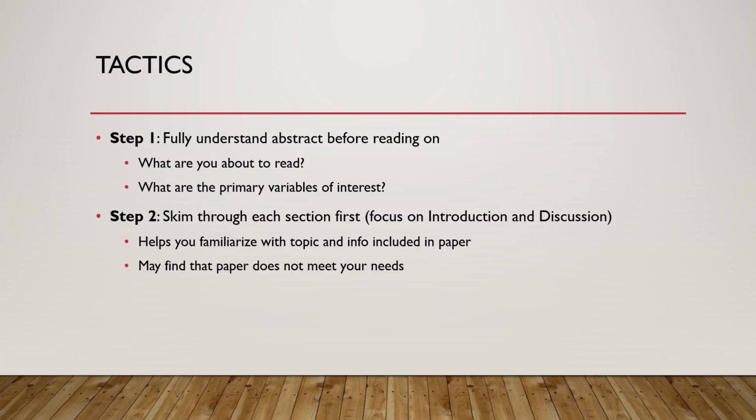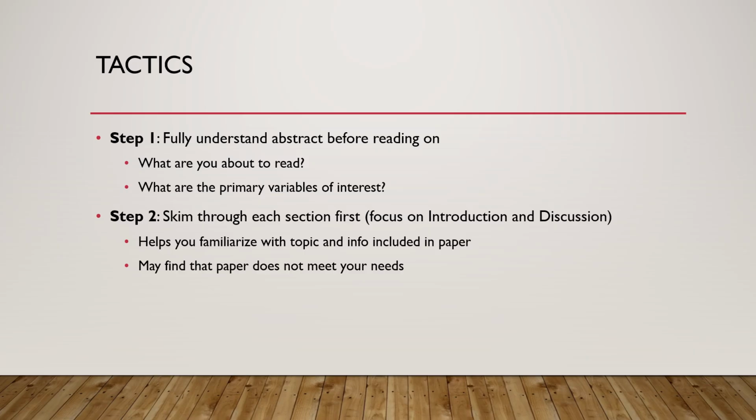Those are where you're going to have the meat of an article, talking about why we are doing this and what we think we found. This is going to familiarize you with the topic that the researcher is studying. Maybe it's a new variable that you don't know as much about, or the way they are looking at it is novel to you. It's also going to have them citing other research that they've used, so you can know what has been done already and maybe use those for your own sources.